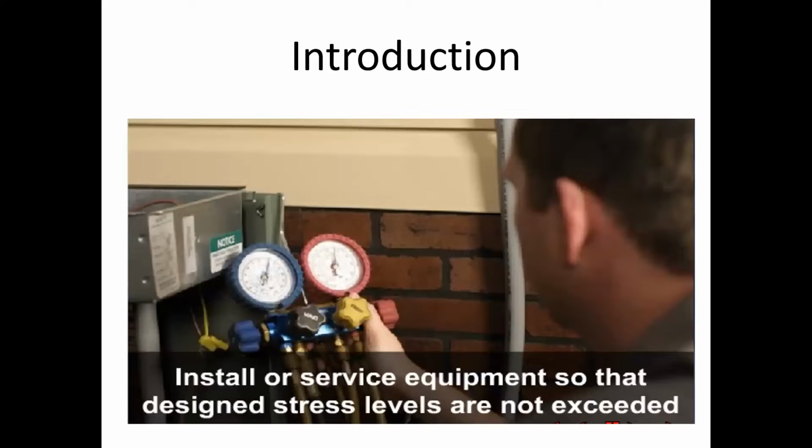So we've got to make sure that when we install systems and or service systems and equipment, we keep in mind those stress levels, and we want to keep everything operating below those tolerances, or below those maximum stress levels, so that we don't continue to have component failure.